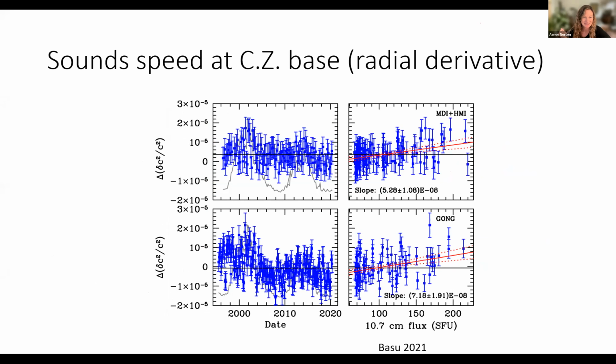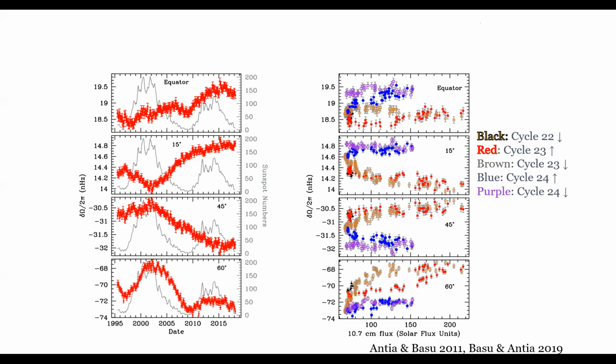I don't know what you mean by the difference. So there are two different sets of measurements. One is the thermal structure, and that's what I'm showing here. And then the other is the rotation rate change. The rotation rate change, I think, is fairly easy to visualize. We know that the convection zone speeds up and slows down with solar activity. So it's not surprising that the shear layer does as well.